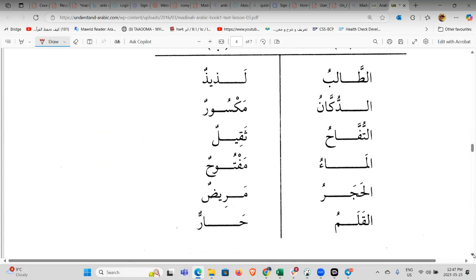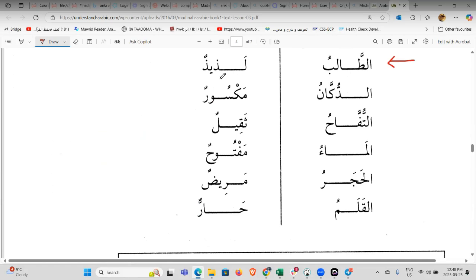So let's start with Abdul Naim. You would take a talib and then match it with one of these words to make a sentence that makes sense. A talibu, the student. Ladhidh means delicious, like a meal, delicious meal.